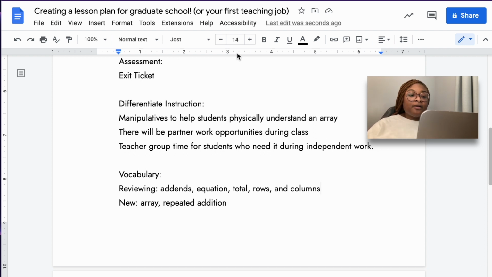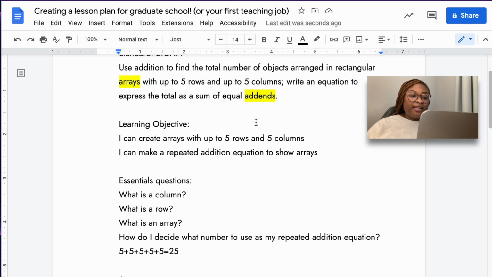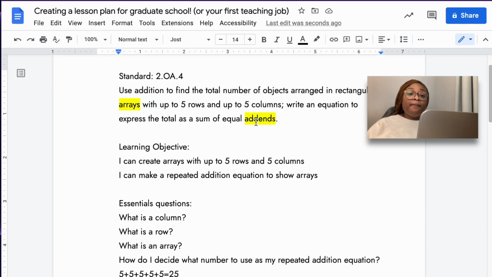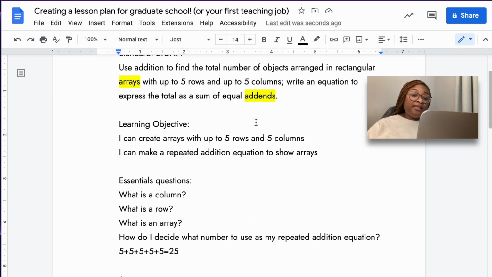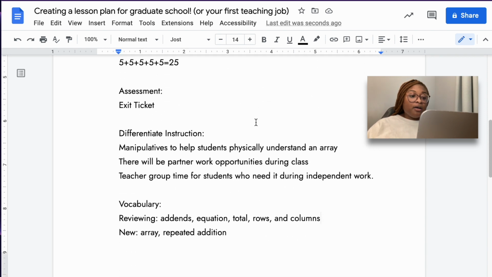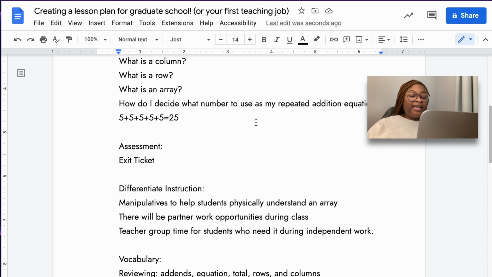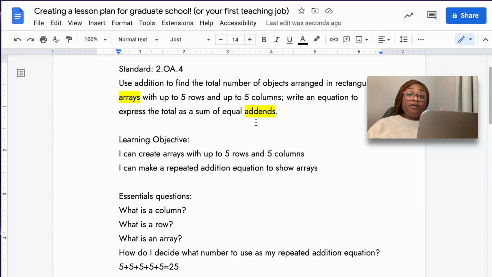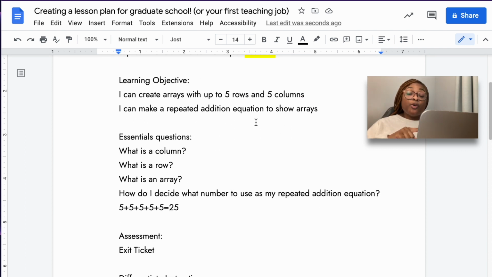You can write a very engaging lesson if you make sure that you're focused on the foundation of what your lesson is supposed to be about. All right, so in this situation, you have chosen your standard. You know exactly what you want your kids to be able to do at the end of the lesson. You have questions that you're going to be asking them.